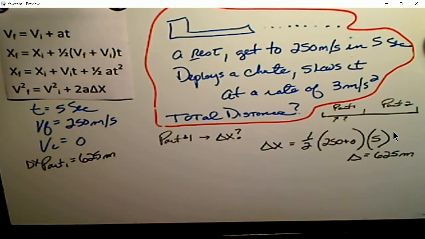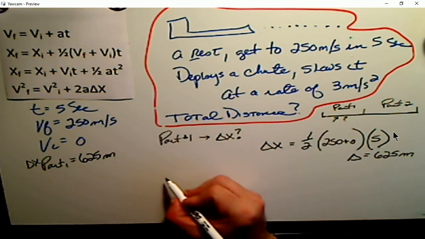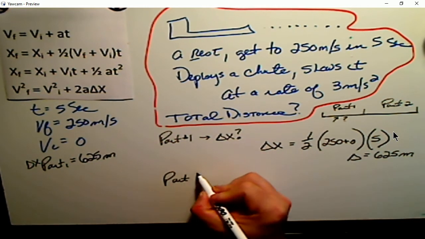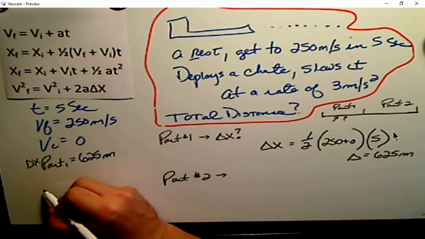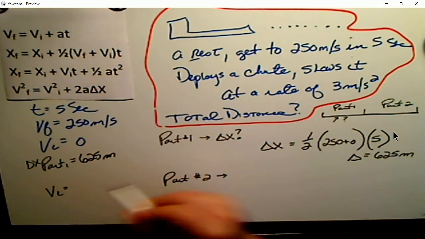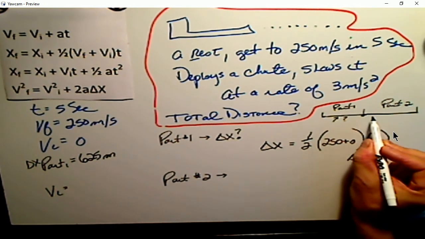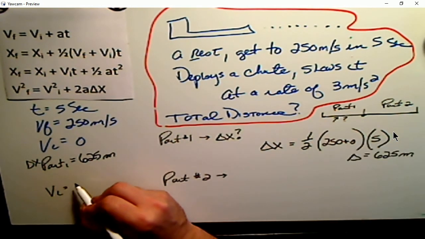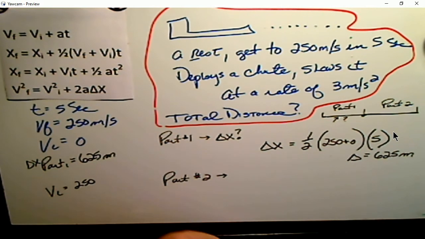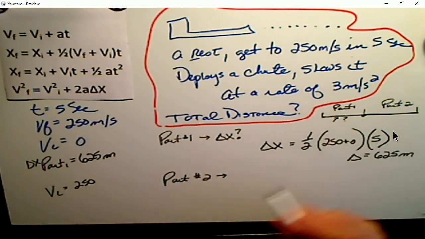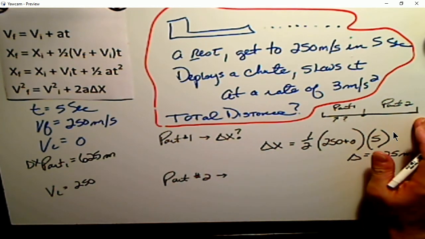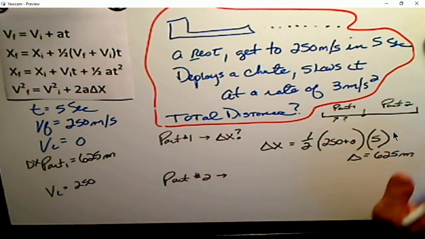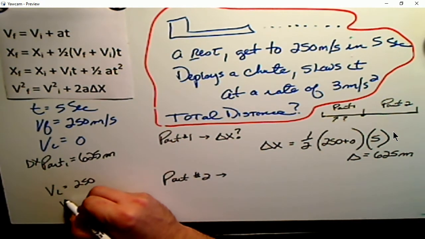Well, part 2. Our velocity initial for that second part is the velocity final of the first part, 250. We don't know the time it takes, and maybe that's a question that we can answer later. But we do know that the velocity final is going to come to a rest at 0.